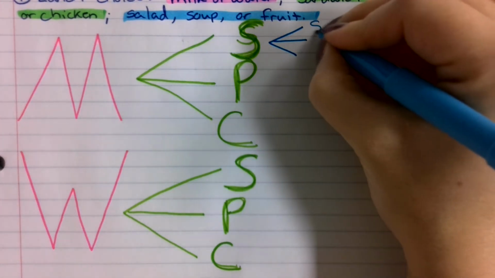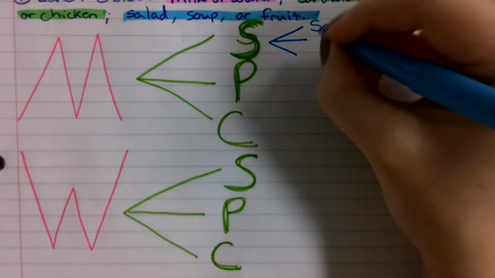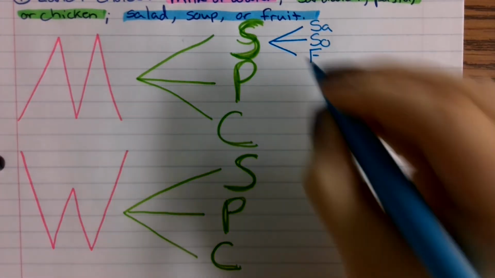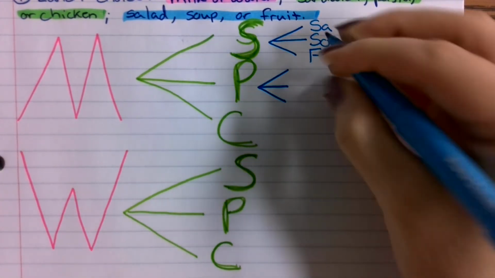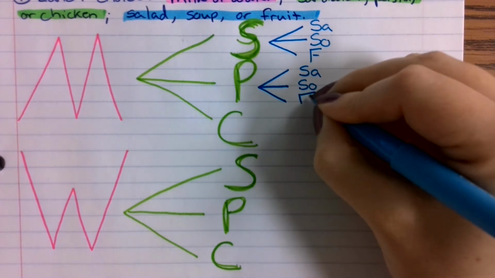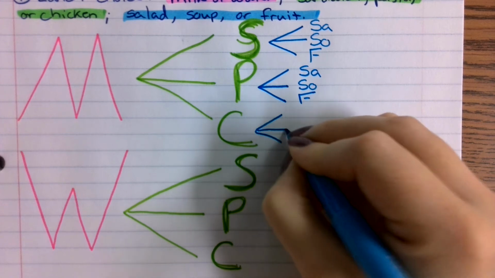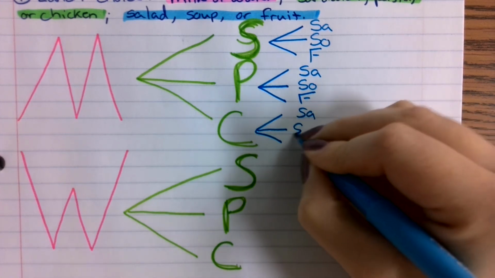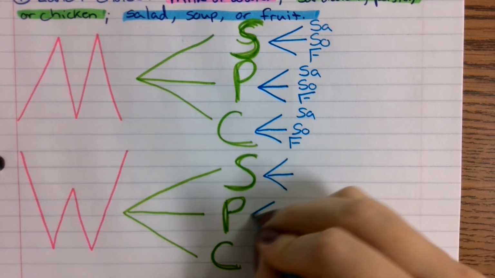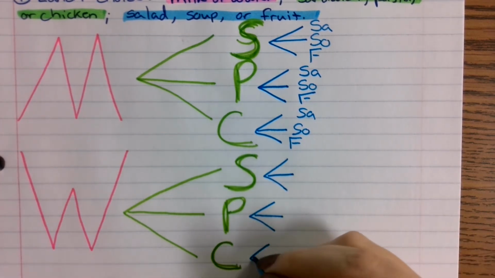I can have salad, I'll put S-A. I could have soup, S-O. Or I could have fruit, F. And I'm going to do that from each one of these choices. Salad, soup, fruit. Salad, soup, fruit. Okay, and I keep doing that for every one of these.